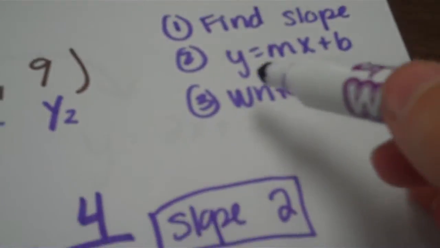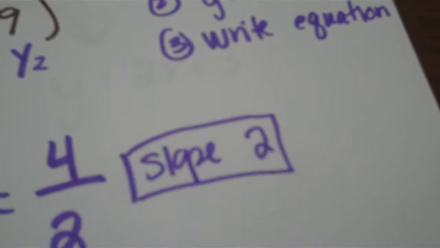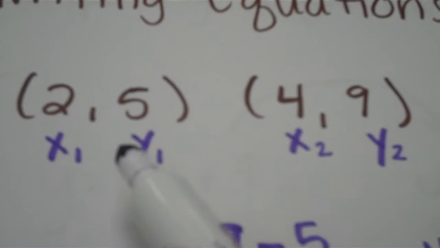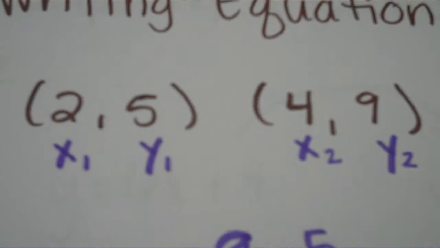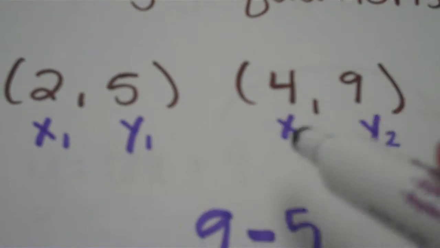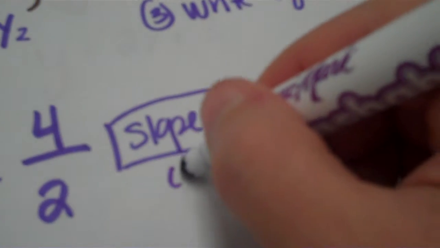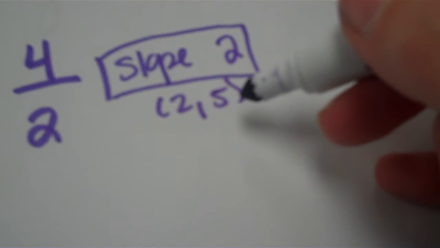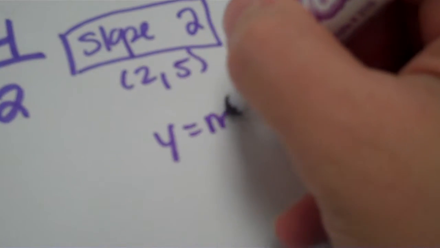Okay? Then it says plug into y equals mx plus b. I have a slope, so I have to pick a point. It doesn't matter which point you pick. So this one or that one. I'm going to go ahead and use 2, 5. It doesn't matter. You could pick either one, but I'm going to go ahead and use 2, 5. Okay? So that's my slope, and that's the point that I'm going to use. So I'm going to write y equals mx plus b.